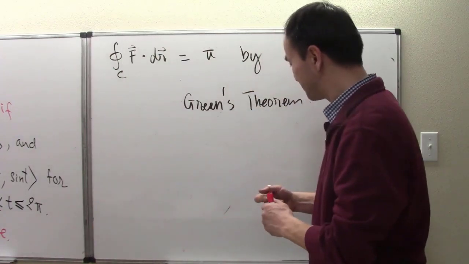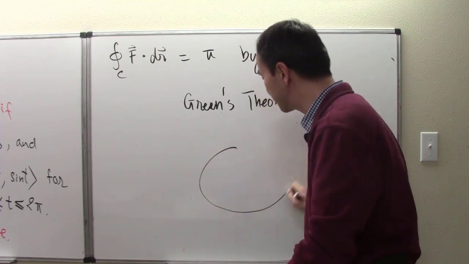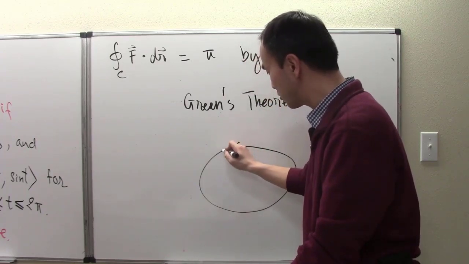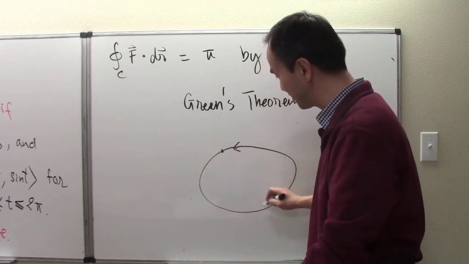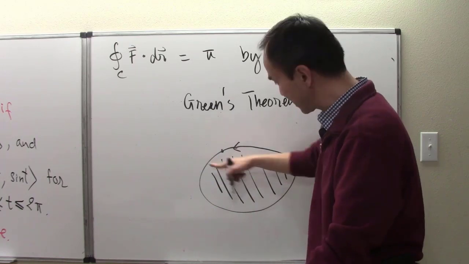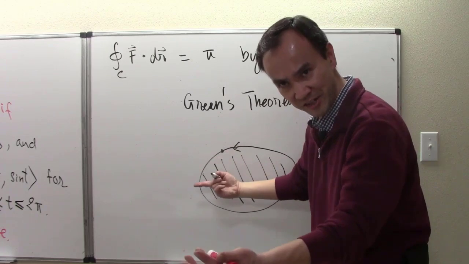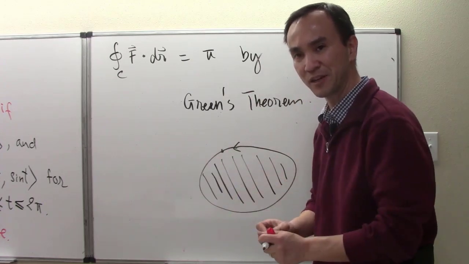Anytime you have a closed curve, it doesn't matter where your starting point and ending point is, because it's all going to be one point. But being a closed curve, the inside is a region. The part that's enclosed inside your curve has to be a region. And the region here is called the domain D in the worded version of Green's theorem.